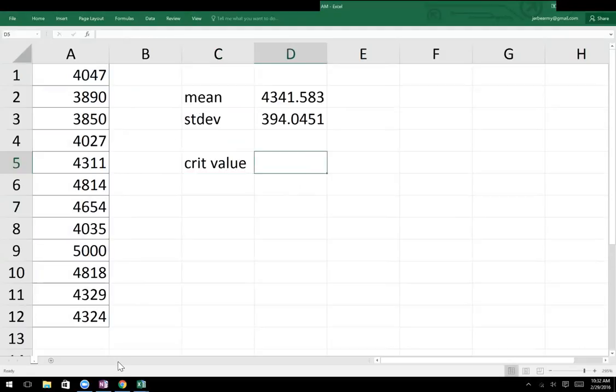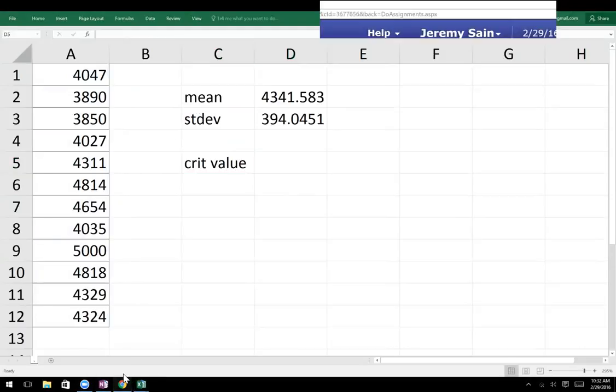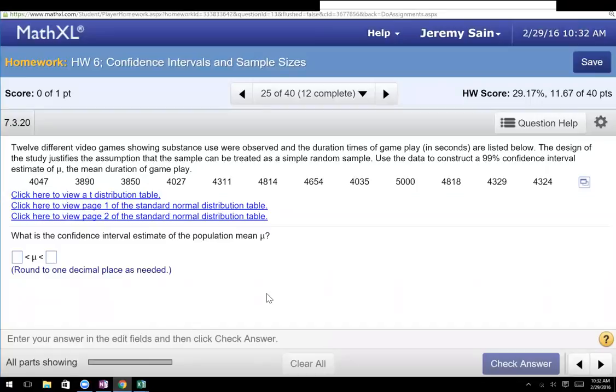So for the critical value, we've got 12 different video games. So what's going to be our degrees of freedom? 11, because there's always one less. And we want a 99% confidence interval. So what should the left tail be? Yeah, 0.05.